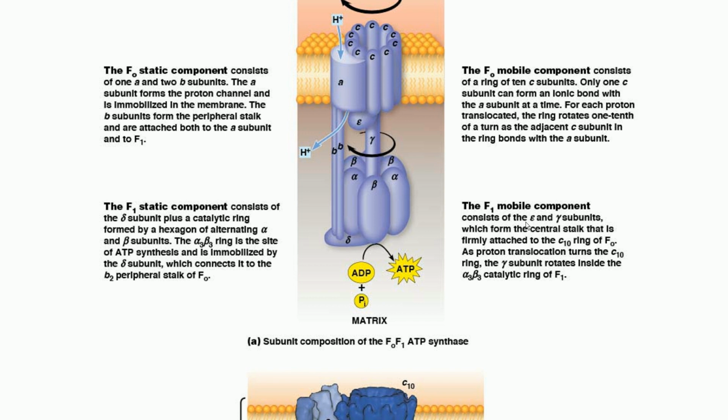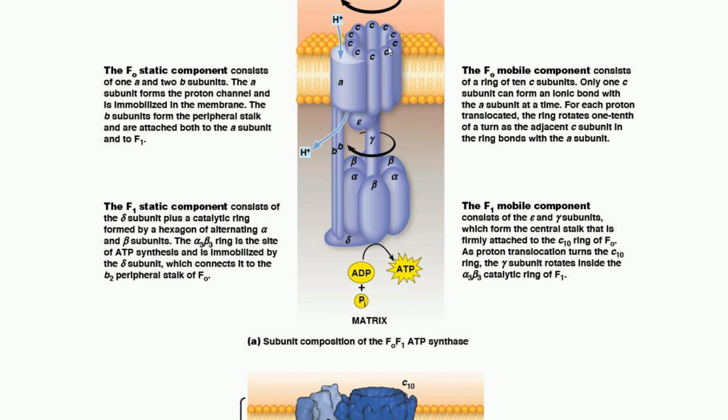Now the mobile component consists of the epsilon, this one, and gamma subunits. You will see that when this ring moves, this gamma will also move, and it is going to activate this. This is the catalytic subunit of the enzyme ATP synthase.